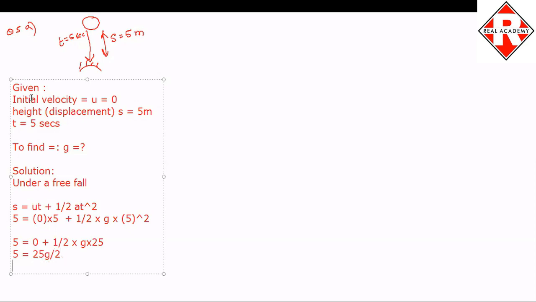If you just rearrange, you will get 5 twos are 10 equals 25G. So G will be equal to 10 upon 25. That is the same as writing 2 upon 5, which is the same as writing 0.4. It is acceleration due to gravity, so the unit is going to be meters per second square. Is this thing clear? So this is the first question.